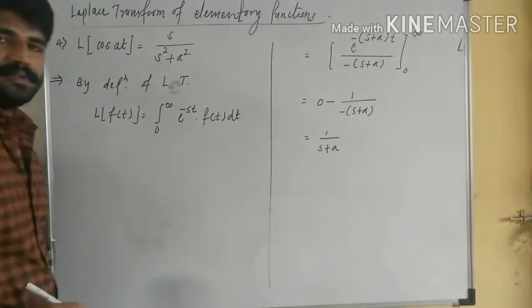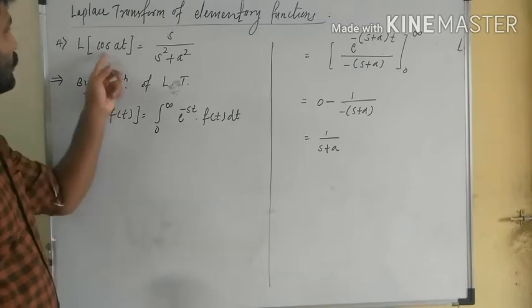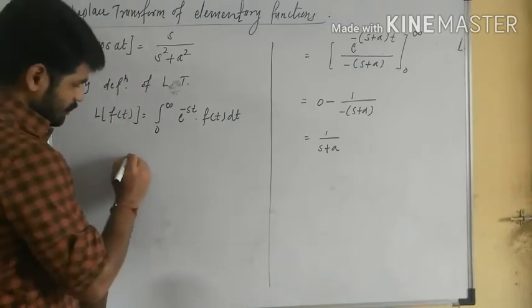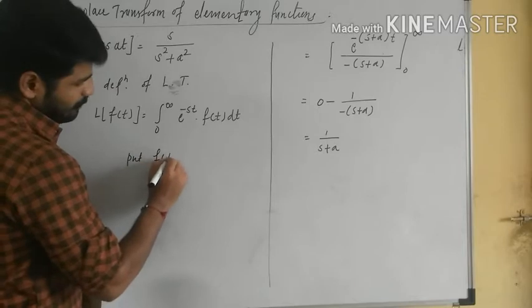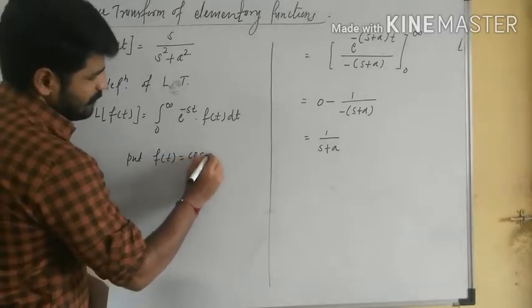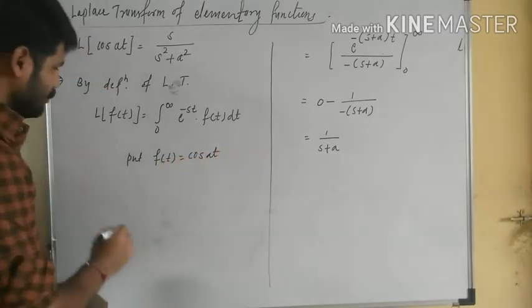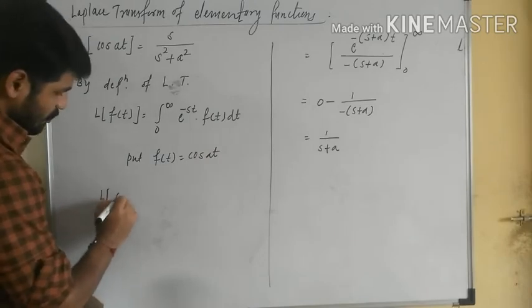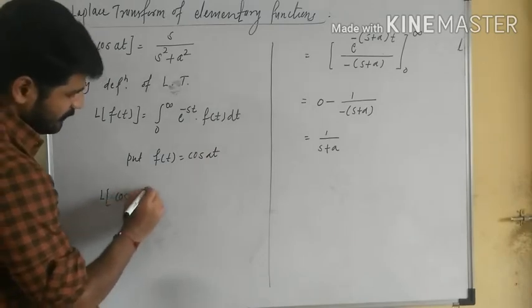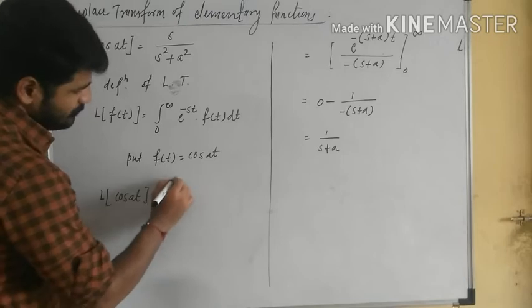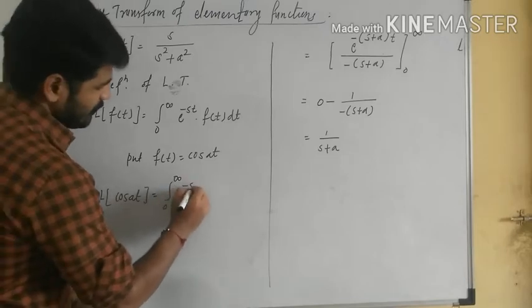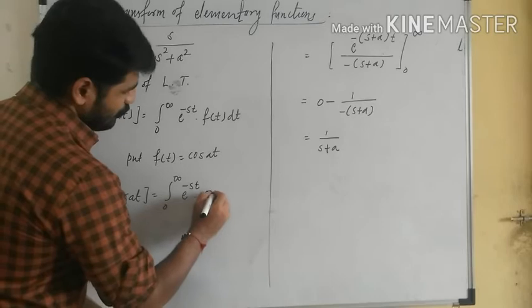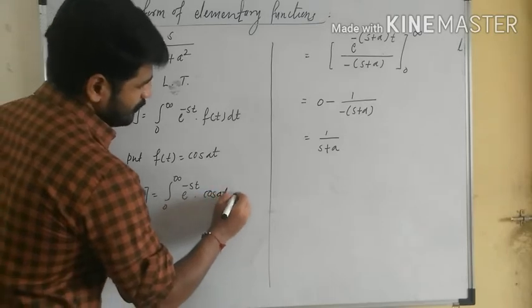Okay, so this is the definition. Now we have to take f of t is equal to cos at. So we get Laplace transform of cos at is equal to integral from 0 to infinity e raised to minus st into cos at dt.